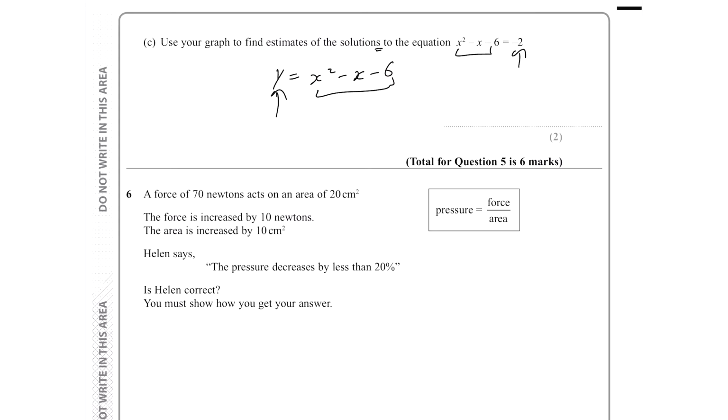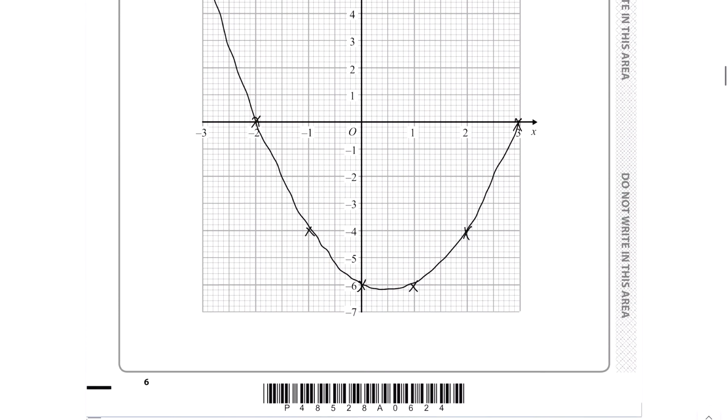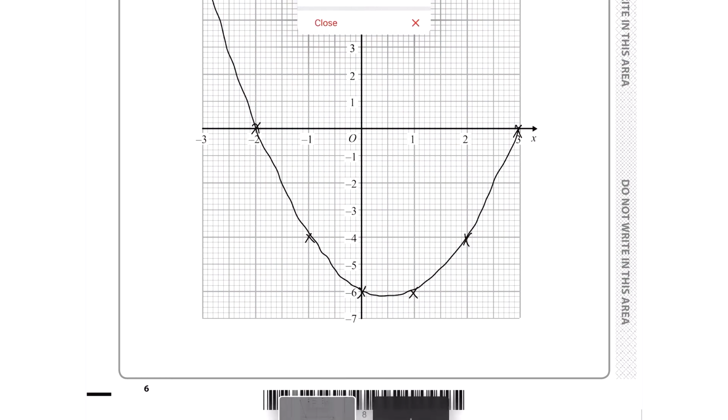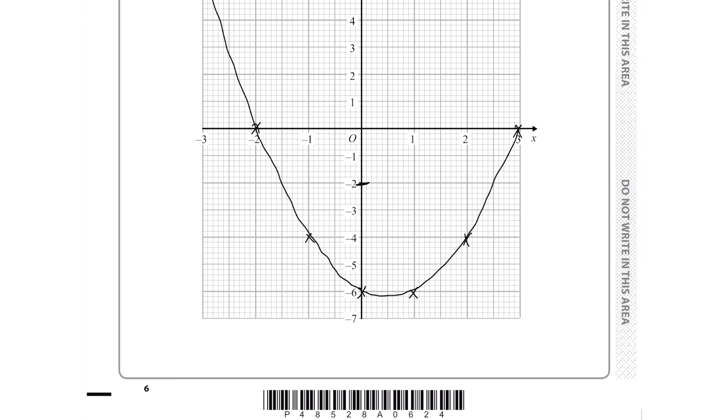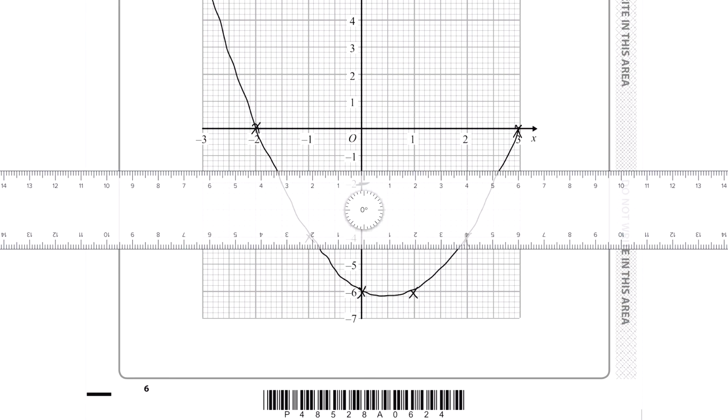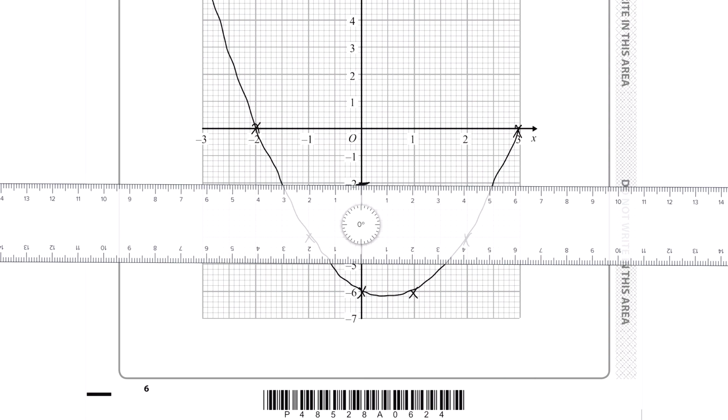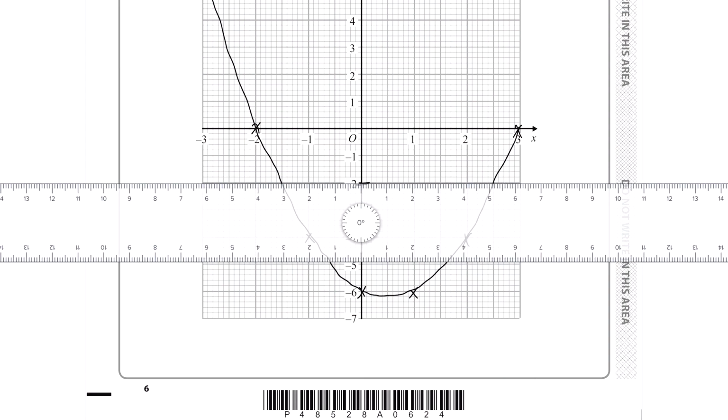So we need to look for when y is -2. If you go up to the graph, y is -2 right there. And if I get my ruler, I can draw a line across using a pencil. If I put that just there, and I get my pencil, draw a line across.